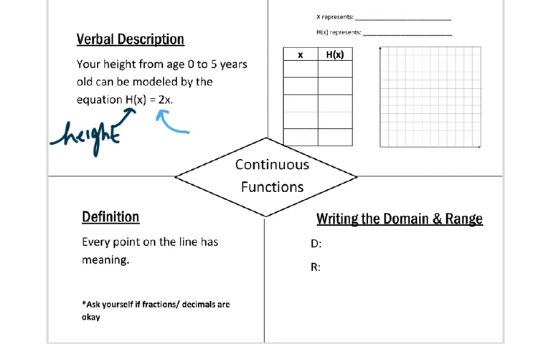The only other variable here is age. So my x value is my age. So my height, how tall I was, compared to my age is modeled by this equation. So my x represents my age, and my h of x, or my y, represents my height.